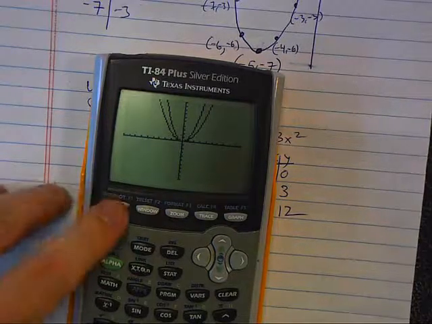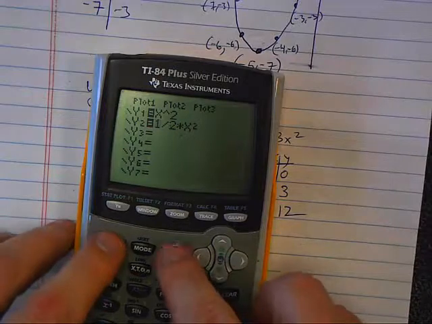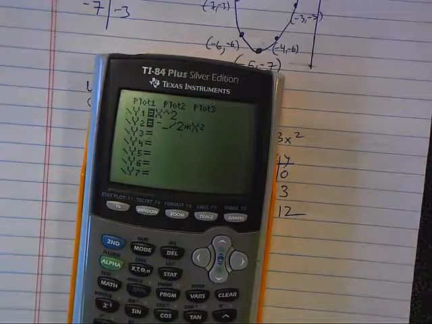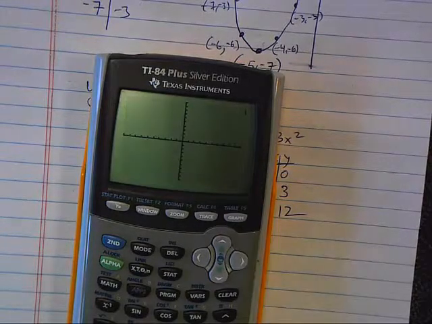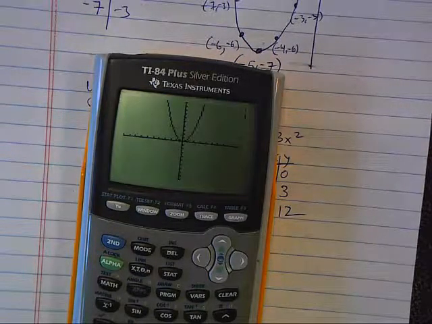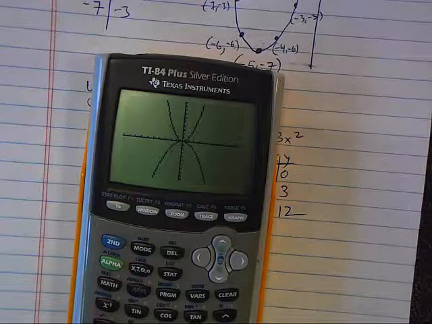What if a is negative? It flips it upside down. That's how you get your upside down U's. So if I do negative 1/2 times x squared, there's my x squared, there's my negative 1/2 x squared. So the negative flips it, and then the 1/2 makes it spread out more.